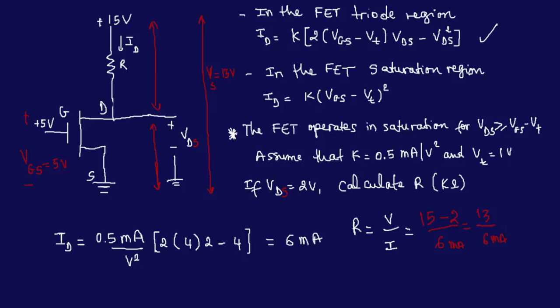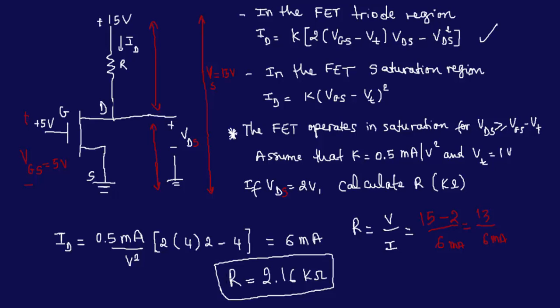It's 2.16. So the answer will be in K, because 10 to the power 3. So my R, final answer, let me put that in white color. R is therefore 2.16 kilo ohms, and that's it. Pretty straightforward.